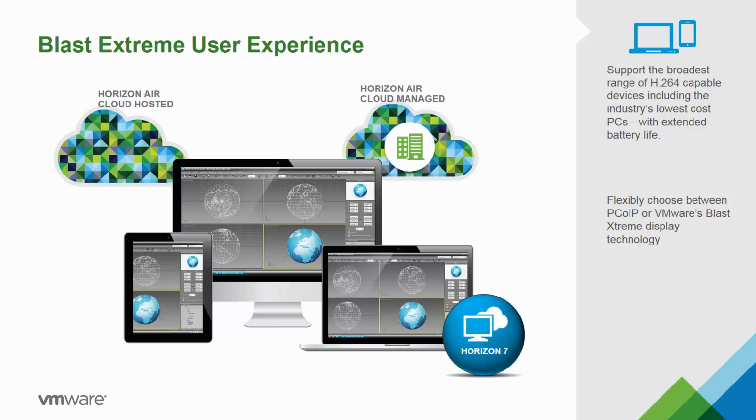Additional benefits are low CPU consumption, longer battery life on mobile devices, and improved graphics performance when combined with GPU-based hardware. Customers can choose between Blast Extreme, PC over IP, and RDP-based protocols depending on their use cases and client device. So they have full choice of any one of those three protocols, whichever suits them best.